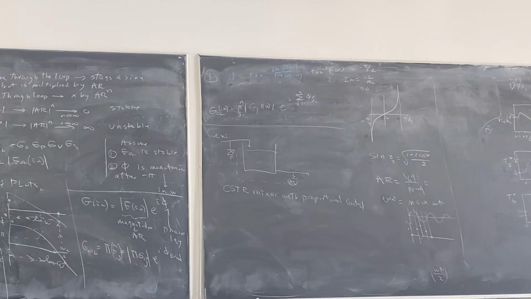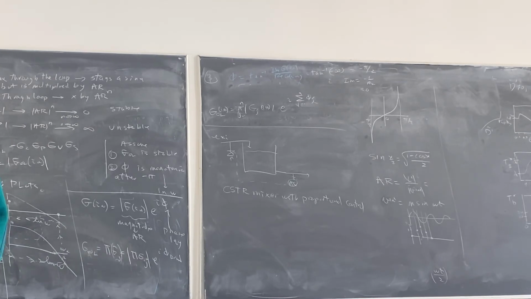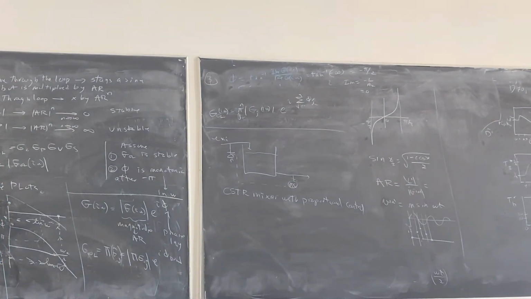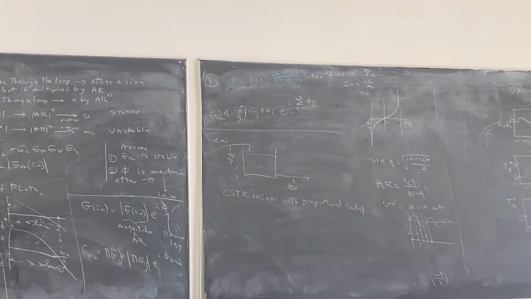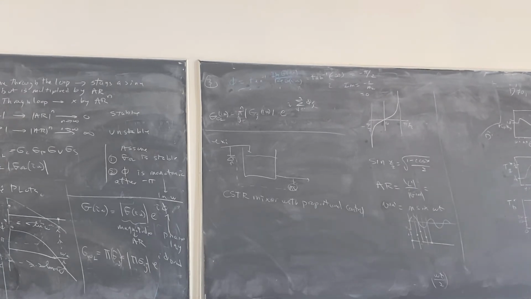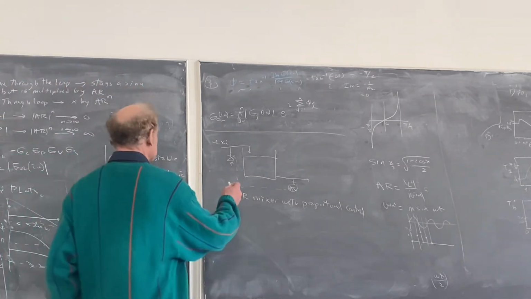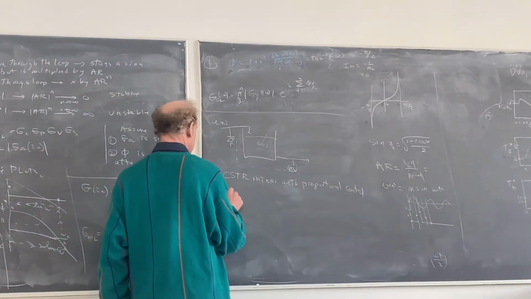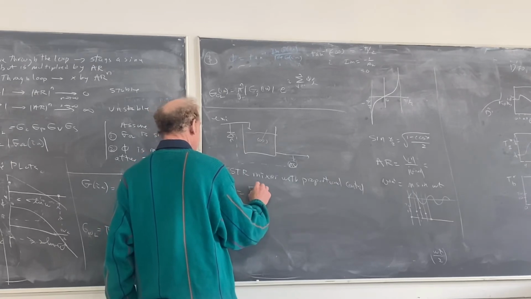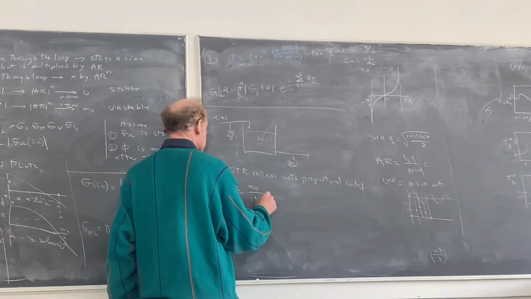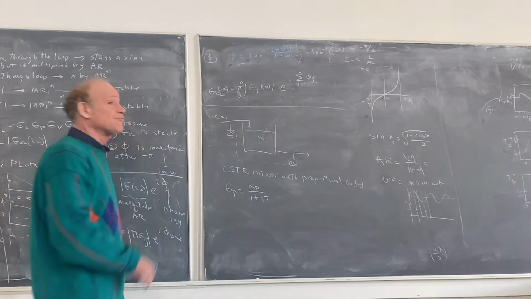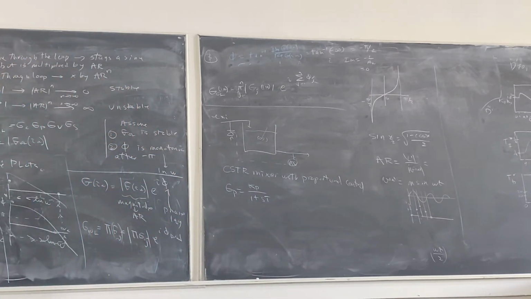This is an example that we've looked at before. And let's notice that this is a first order system. So GP, because this is a first order system, is equal to Kp over 1 plus s tau.